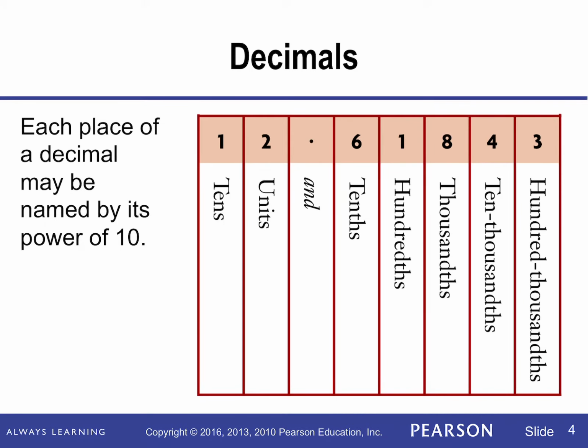All right, so here's another way to look at that. 1 was in the tens place, 2 is in the units place. We read the decimal as "and" and now we move into the "ths" at the end, right? So tenths, hundredths, thousandths, ten thousandths, hundred thousandths, and so on.